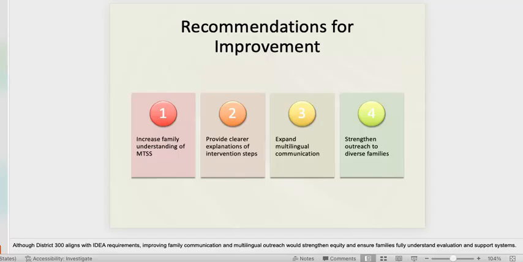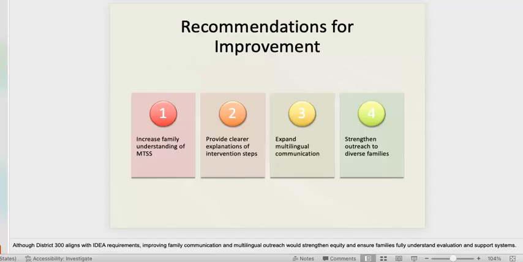Although District 300 demonstrates strong alignment with IDEA requirements, several improvements could strengthen the implementation of these systems. First, schools could provide clearer explanations of MTSS and response to intervention so families better understand how early intervention works before special education referral occurs.